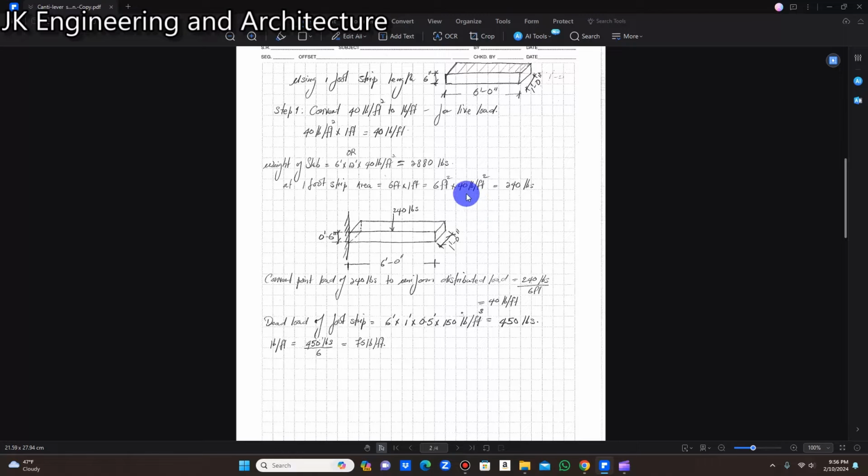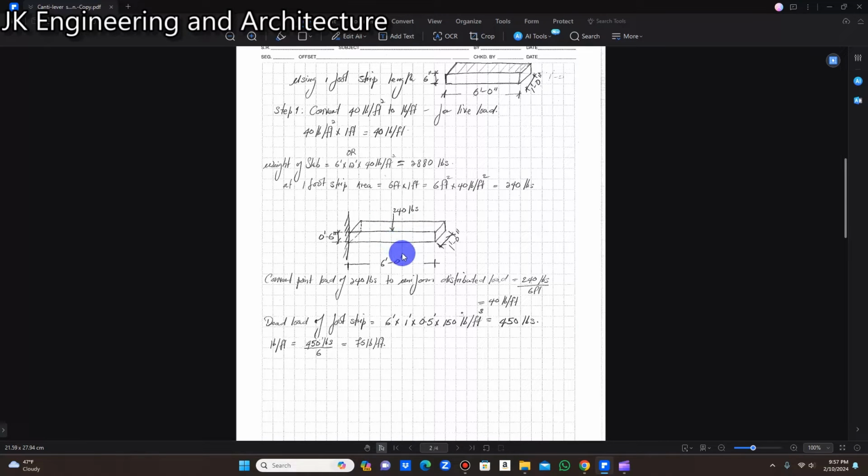So if you multiply this 6 square feet by this 40 pounds per square foot, the result is going to equal 240 pounds. So this 1 foot strip of the cantilever slab is going to weigh 240 pounds. That 240 pounds is going to act at the center of the cantilever slab.